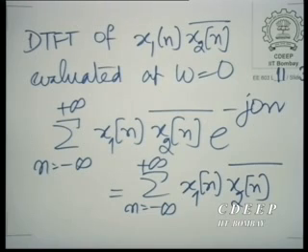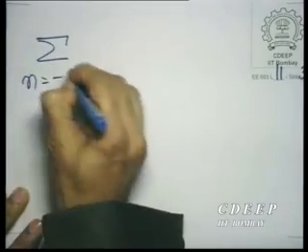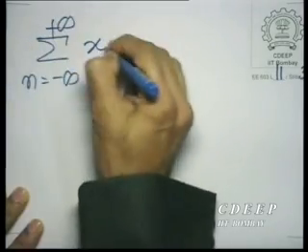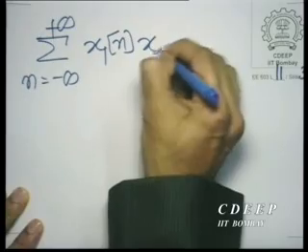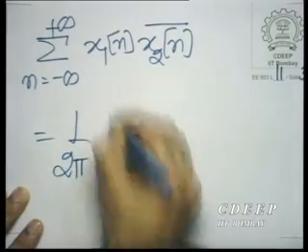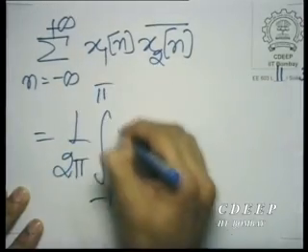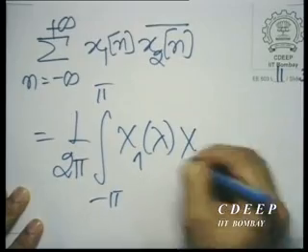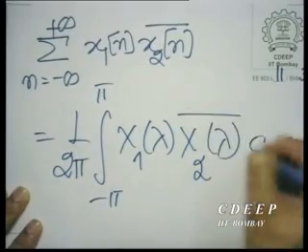Why so interesting? Let's put them down together, then we'll see why it's so beautiful. We are saying summation n going from minus to plus infinity x1[n] x2[n] complex conjugate is 1/2π integral from −π to π capital X1(λ) capital X2(λ) complex conjugate dλ.